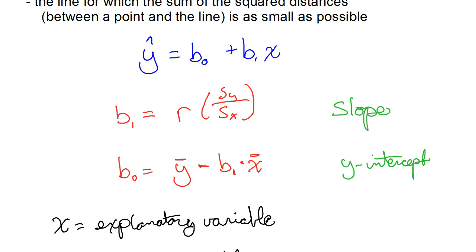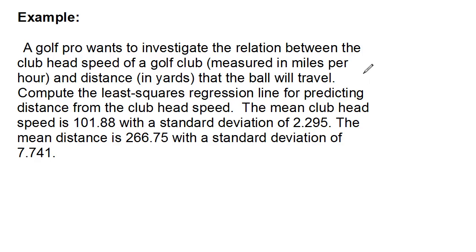So let's look at an example of how to calculate our least squares regression. We're looking back at the same problem from earlier where we had the golf pro who wants to investigate the relation between the club head speed of a golf club measured in miles per hour and the distance in yards that a ball will travel. We want to compute the least squares regression for predicting distance from the club head speed.